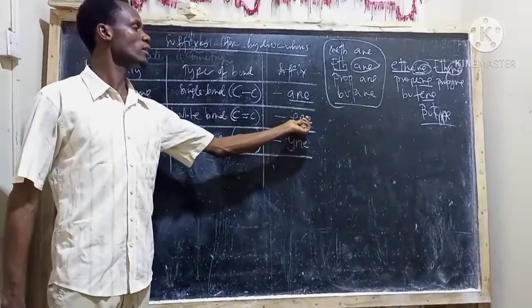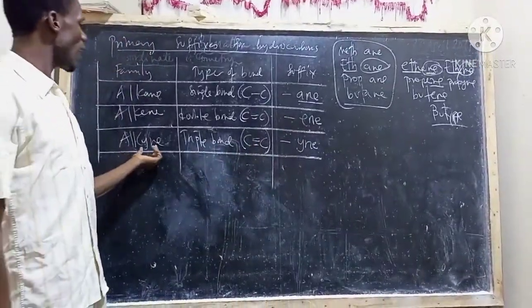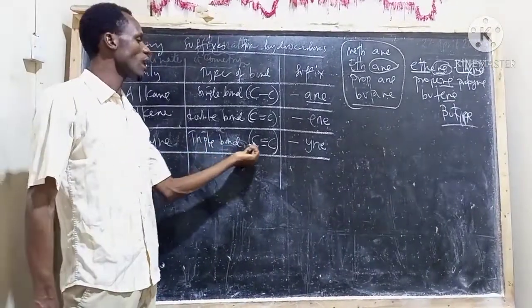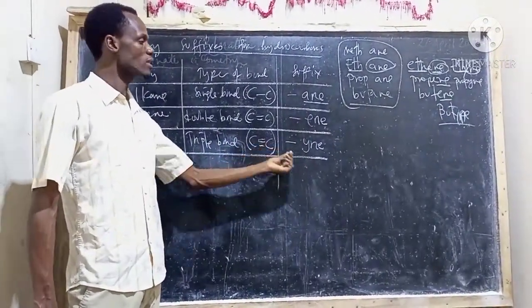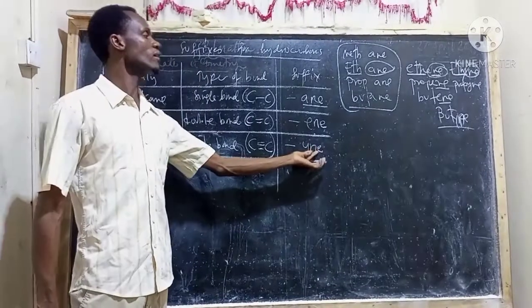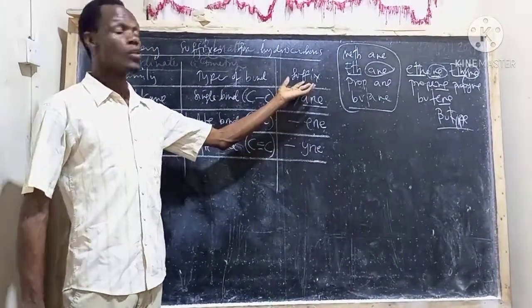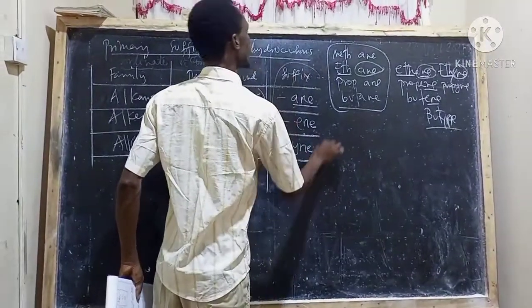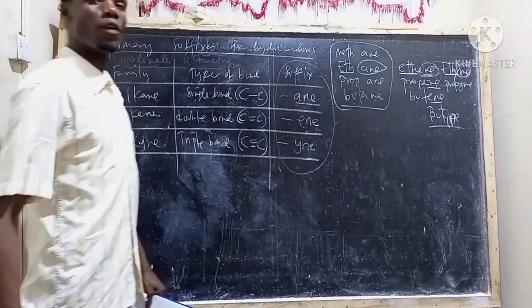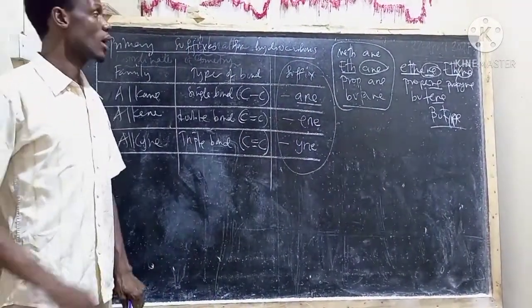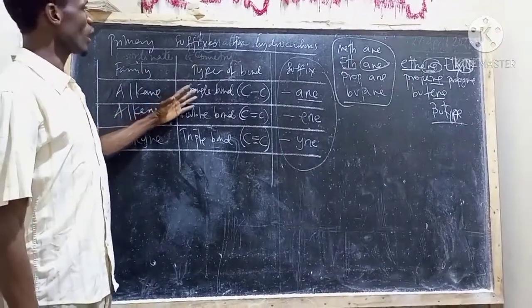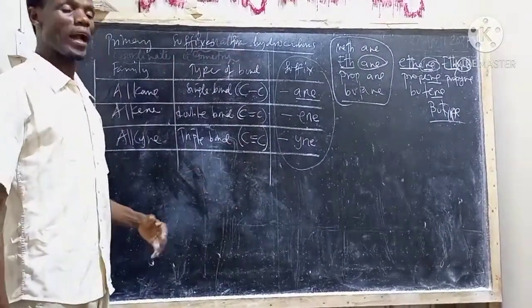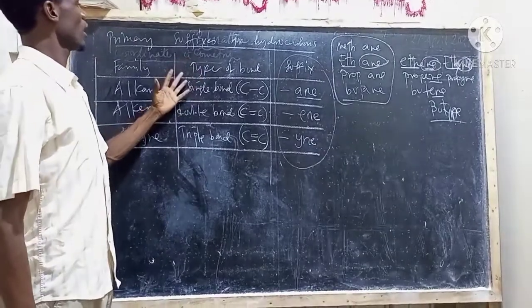That is E and E. If you're talking about alkynes, that is a triple bond between carbon and carbon. That is Y and E. That is the suffix. So this word is added to the root name and depends on the family of the hydrocarbon that you're talking about. Now, after then, let us talk about it one after another. Let's start with the alkanes.